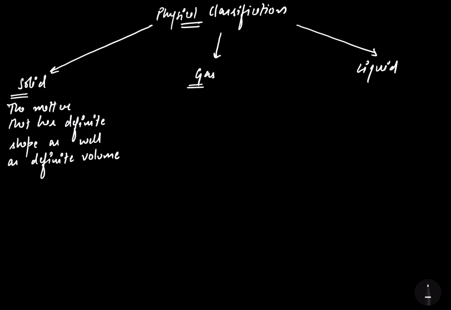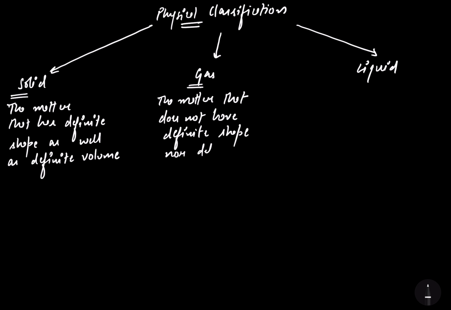What's the gaseous state? The matter that does not have definite shape nor definite volume. That's the gaseous state. Now I'm talking about the liquid state. The liquid state is exactly intermediate between the solid and gas states.